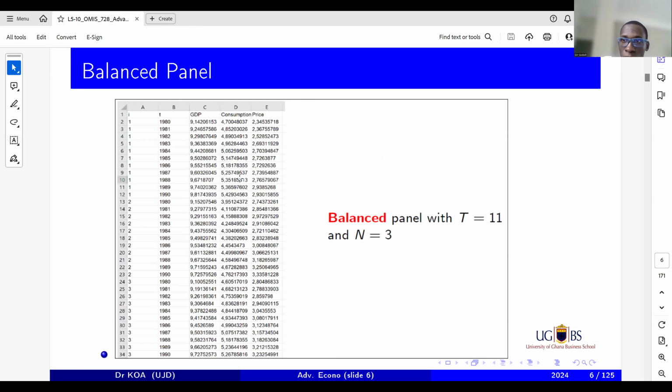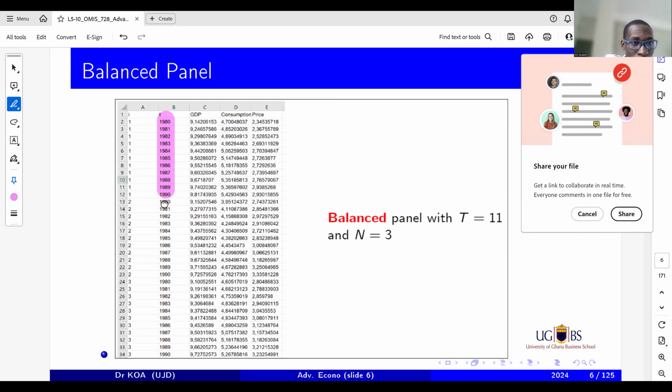This is a typical example of panel data, as you can see. It's all there. Look at 1988 all the way to 1990 here. Then you pick the next one, and that is also 1988 to 1990.